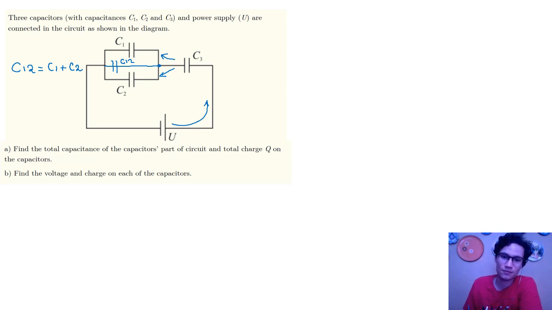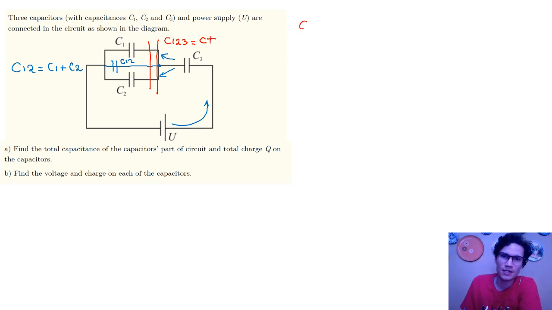Then this one will be in series with capacitor 3. So we will have a total capacitor here, let's call it C1,2,3, or the total capacitance of the circuit.